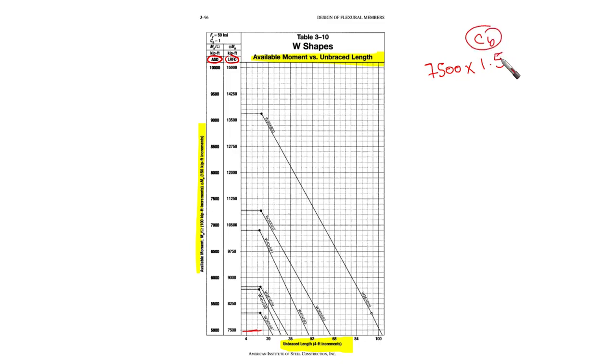This is Cb. Then it is going to give you something for sure more than, it is around maybe 10,000. 1.5 times 7,000 something, more than that, okay? It is larger than that.